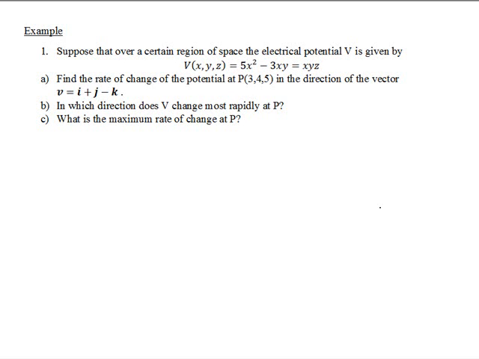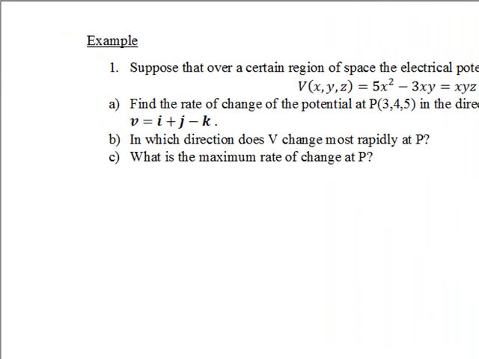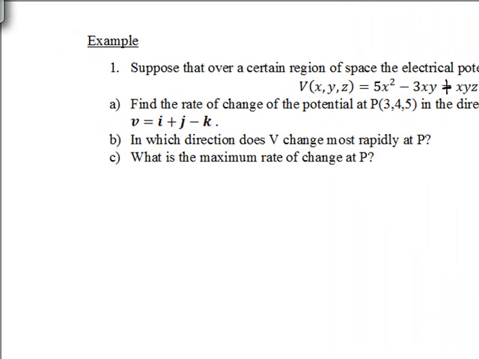Oh, that's not an equal sign there, that should be a plus. A. Find the rate of change of the potential at the point P(3, 4, 5) in the direction of the vector v equals i plus j minus k. B. In which direction does V change most rapidly at P? C. What is the maximum rate of change at P?